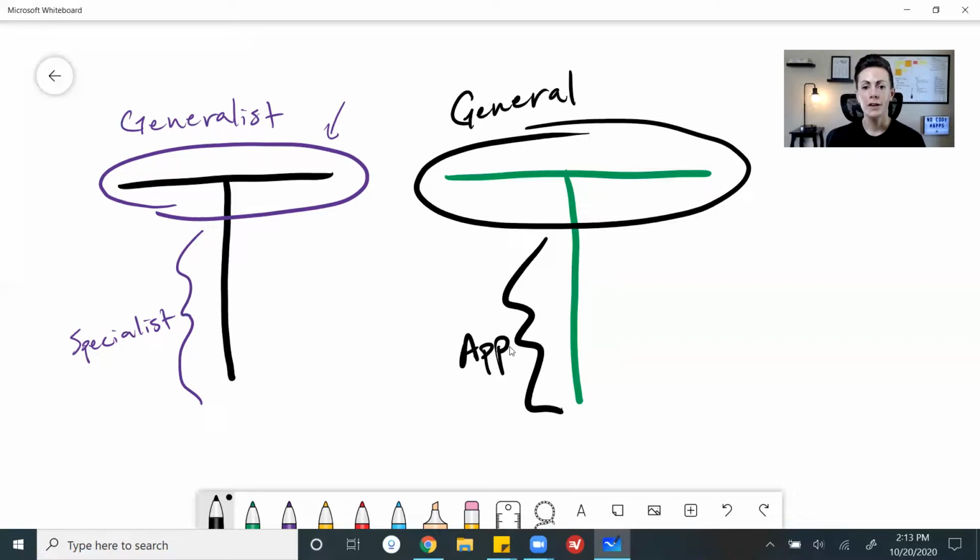Well, if you're trying to build a general app, for example, which a lot of people do, or if you're just trying to build any type of app, it doesn't matter what it's related to. Maybe you just had a cool idea and you want to build just any type of app. It's really hard to create a refined development process in that situation because it's hard to know what to even build.